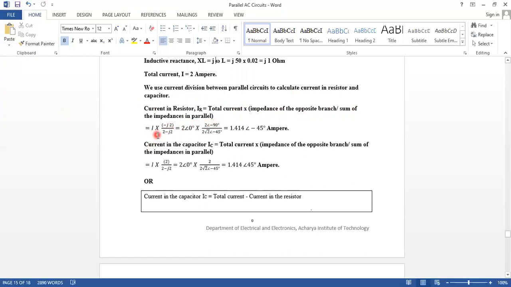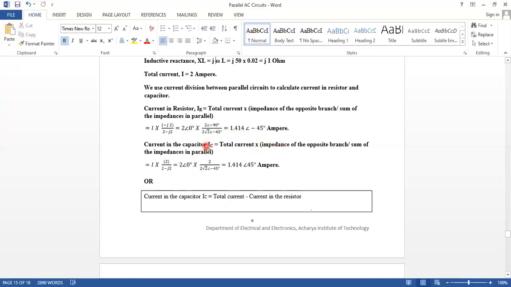So now what is the main current I? Okay, I is the main current over here. Then the impedance of the opposite branch, okay, it is minus j2. Then divided by the sum of the impedances which are in parallel. Okay, 2 minus j2. You get the value of current in resistor IR.